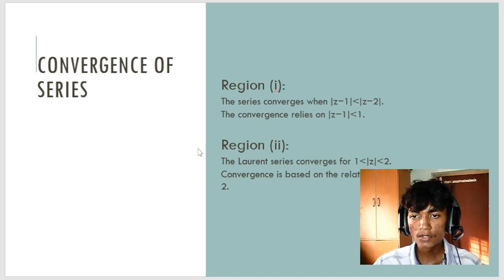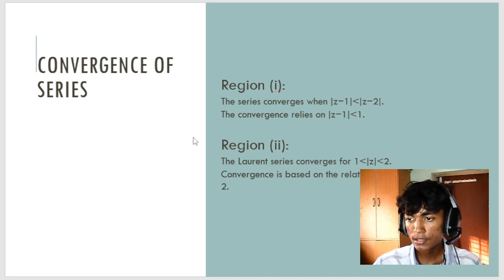Convergence of series. For region 1, the series converges when |z - 1| is less than |z - 2|; the convergence relies on |z - 1| being less than 1. For region 2, the Laurent series converges for 1 < |z| < 2.